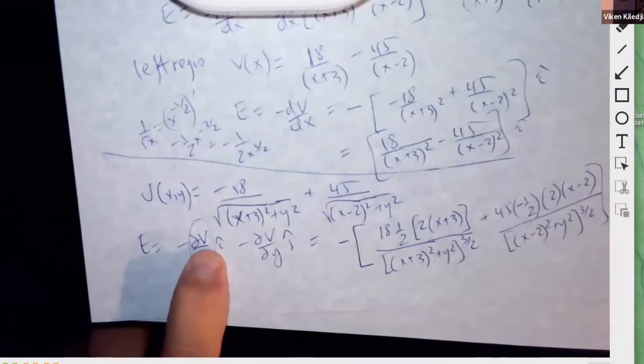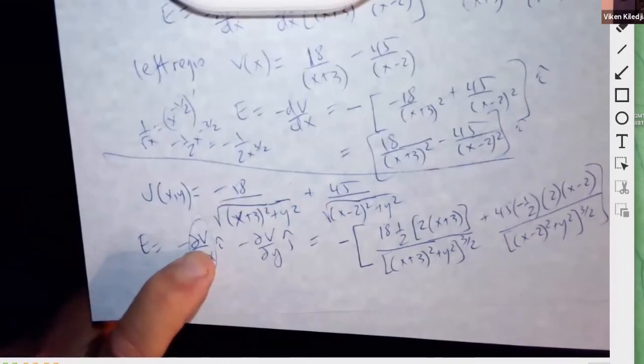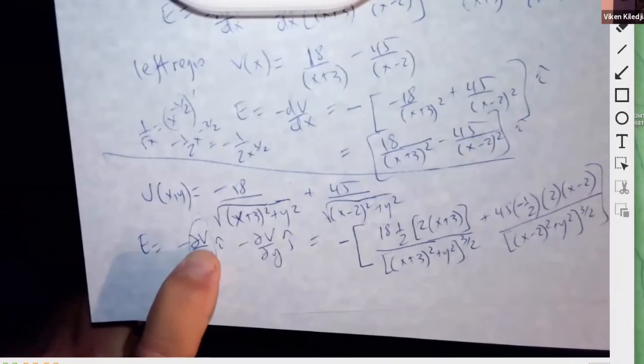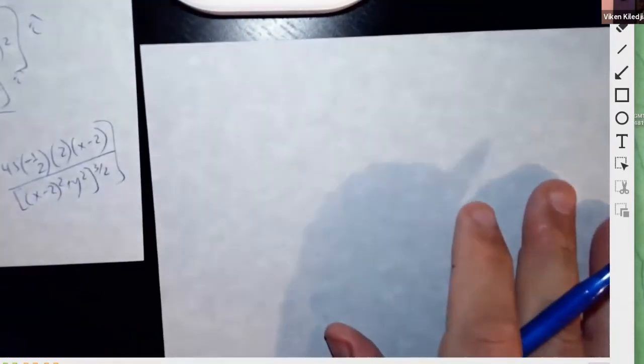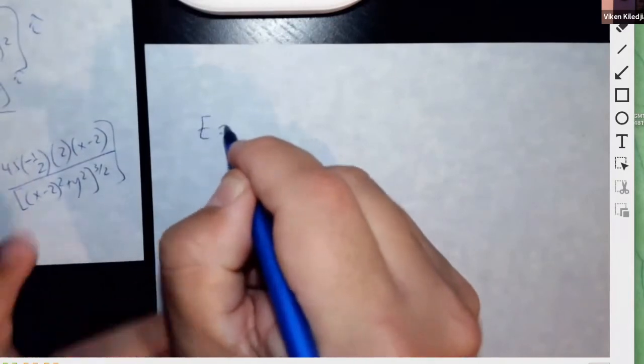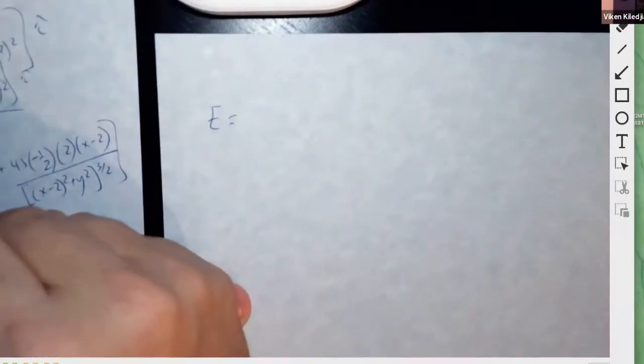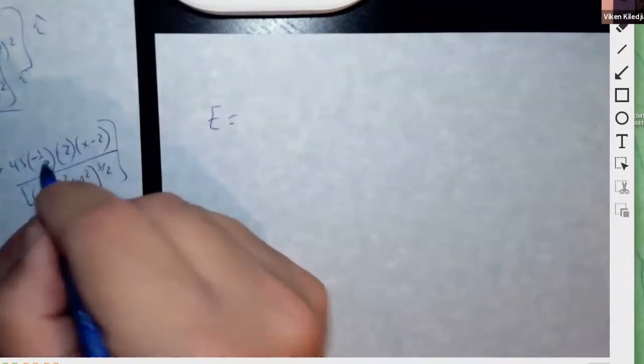That gives me the general equation for the electrical field in the x direction at any point in space. You see? Let's continue. So if I simplify that, I get the electric field. The 2's cancel.